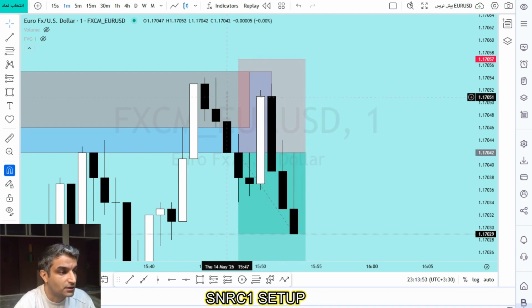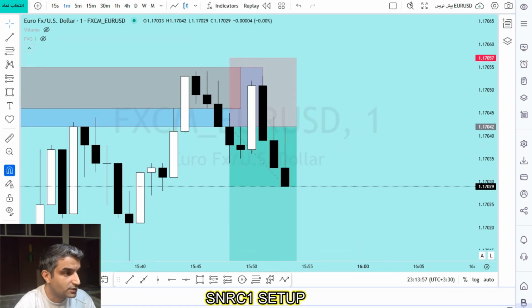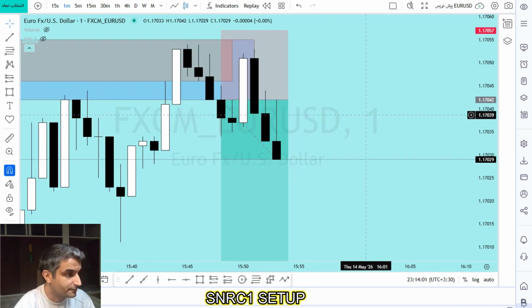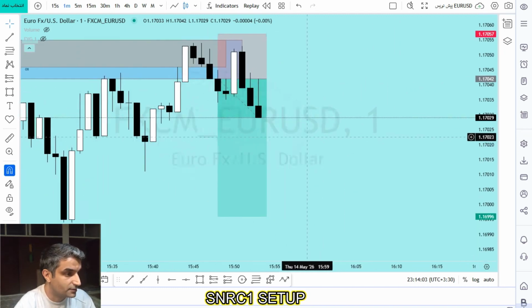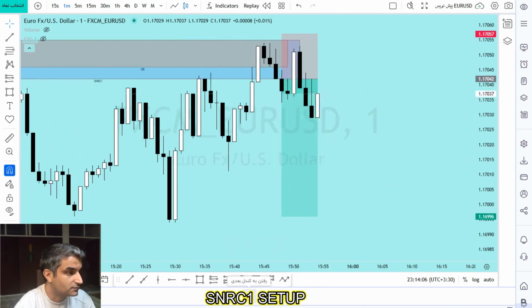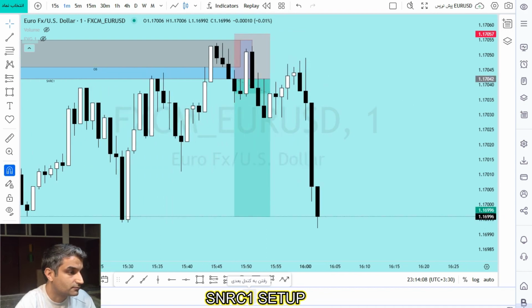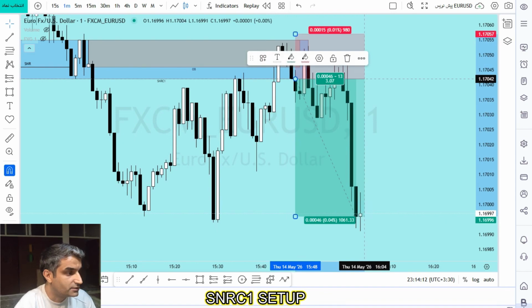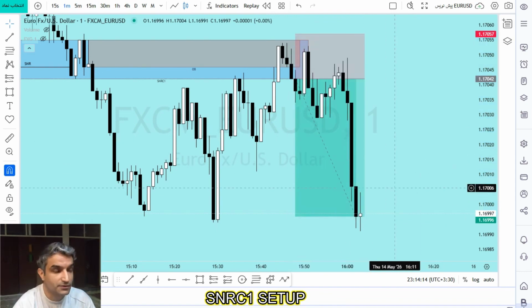Price comes and touches this unmitigated order block. Because of that, I prefer to put my stop loss above this area. Okay, and let's see what's going on. Okay, price touched our TP.